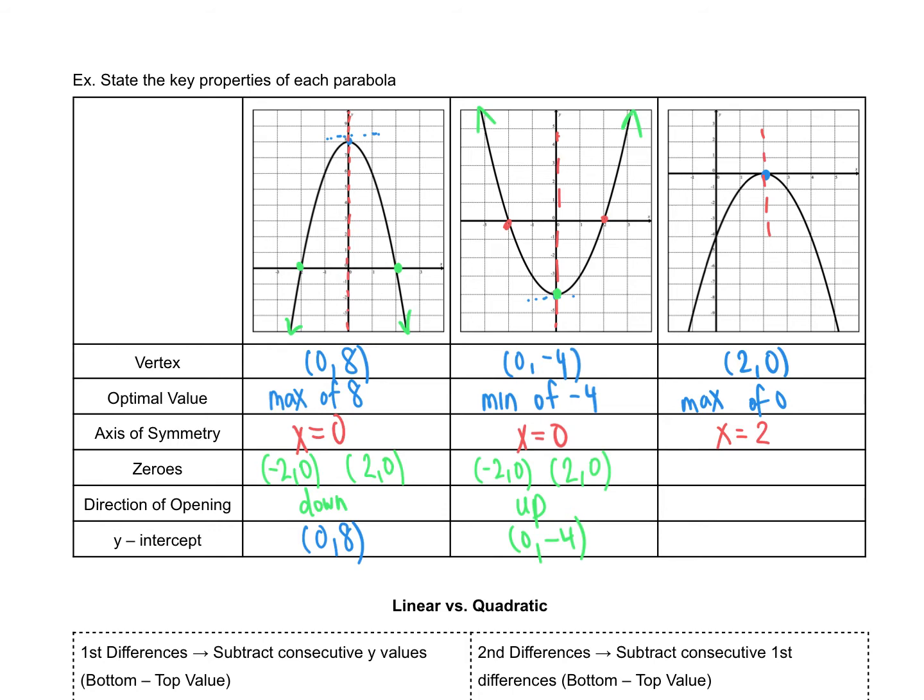My zeros, in all the other examples I had 2 zeros, here I only have 1, which is right here. It's actually the exact same as the vertex, so 2, 0. This parabola opens down. And finally, the y-intercept is right here, which is 0, -4.